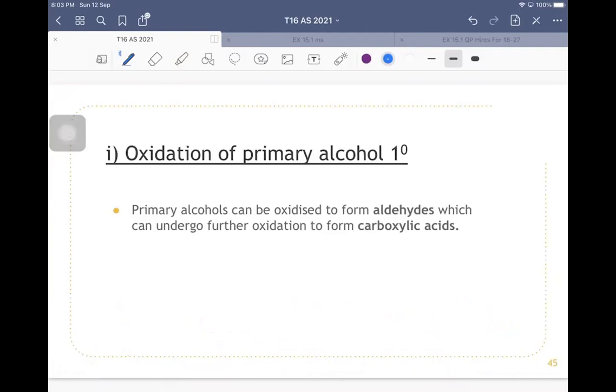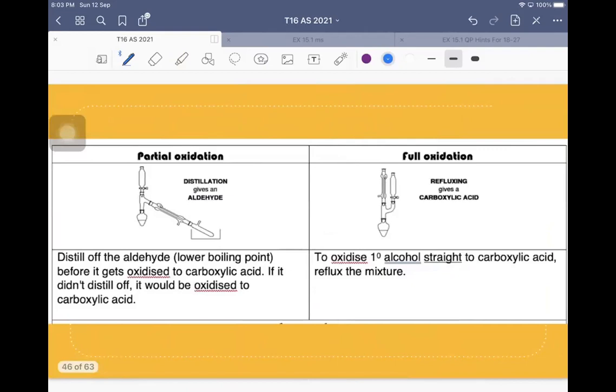So that's what I was talking about, partial oxidation and also complete oxidation, full oxidation, right? So if you want to do the partial oxidation of your primary alcohol, you should set up your reaction to have a distillation part.